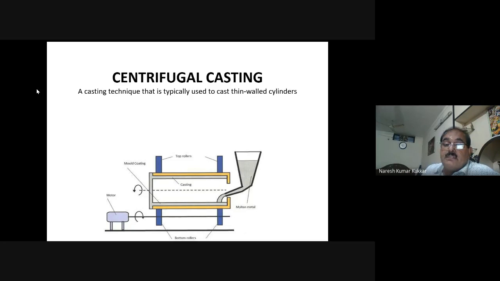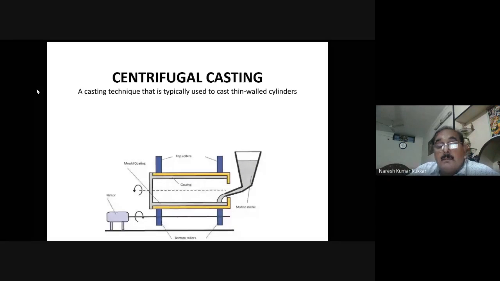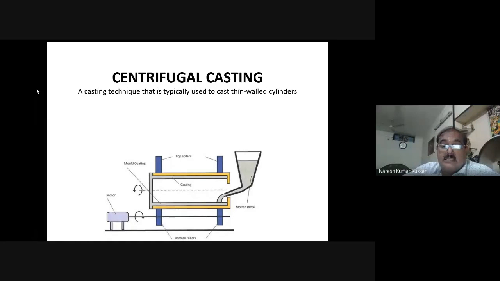The example of this is that the mold is rotated continuously, and molten metal is poured through the side. With the centrifugal force, material sticks to the outside of the mold. So cylindrical shapes are created in this.